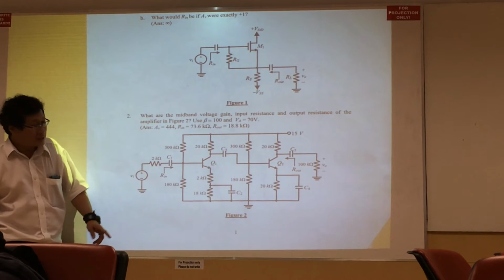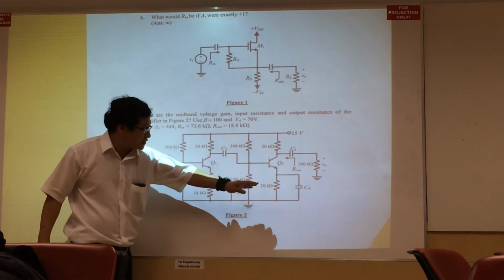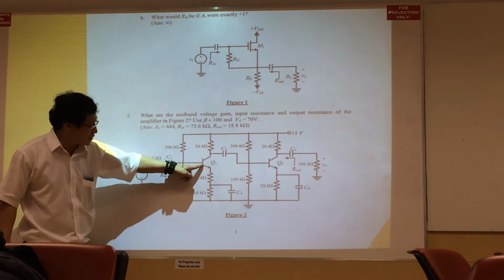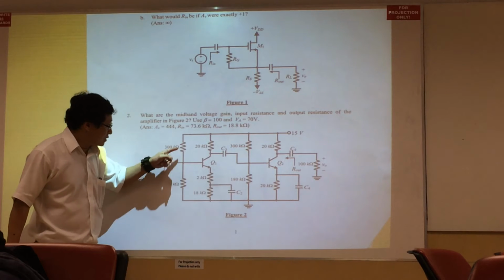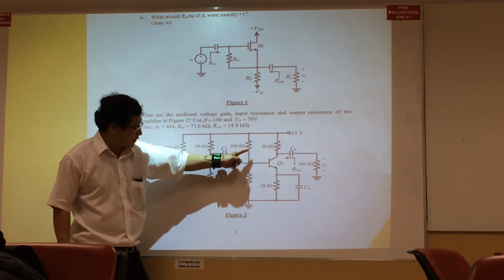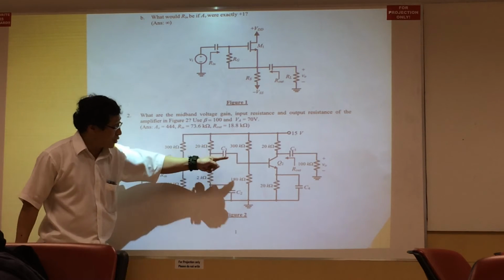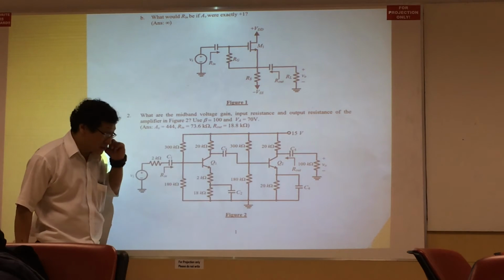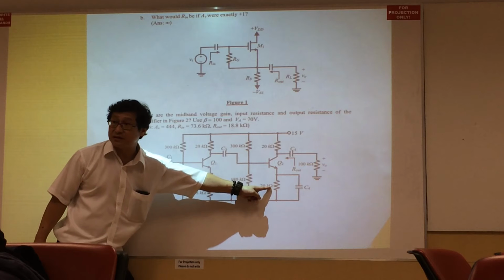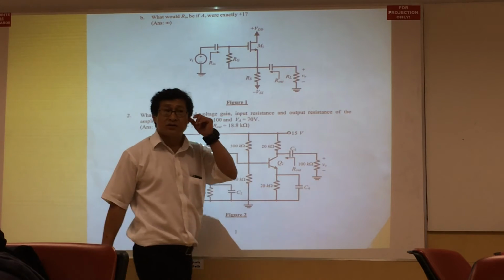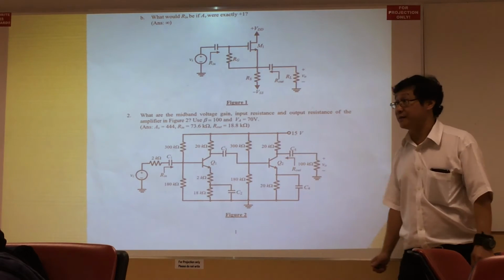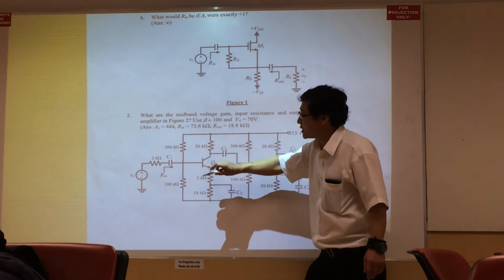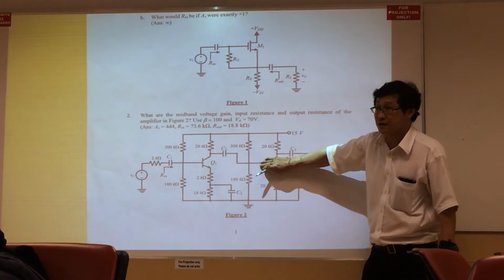Why the same DC? We remove all the capacitors. When we remove all the capacitors, we see one transistor, same as this. Same biasing, same collector resistance, same emitter resistance. The sum of these two is the same as this single one. So therefore the DC conditions are the same. And therefore you only need to do one DC condition, and that DC condition applies to this as well.